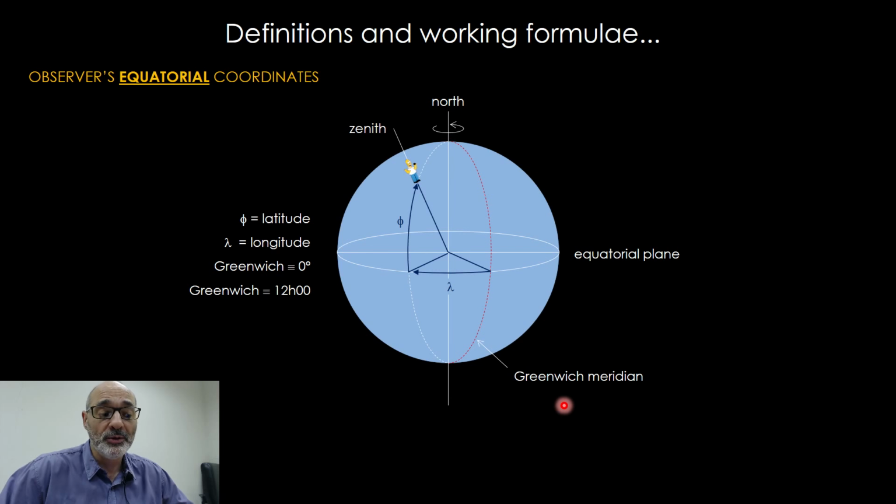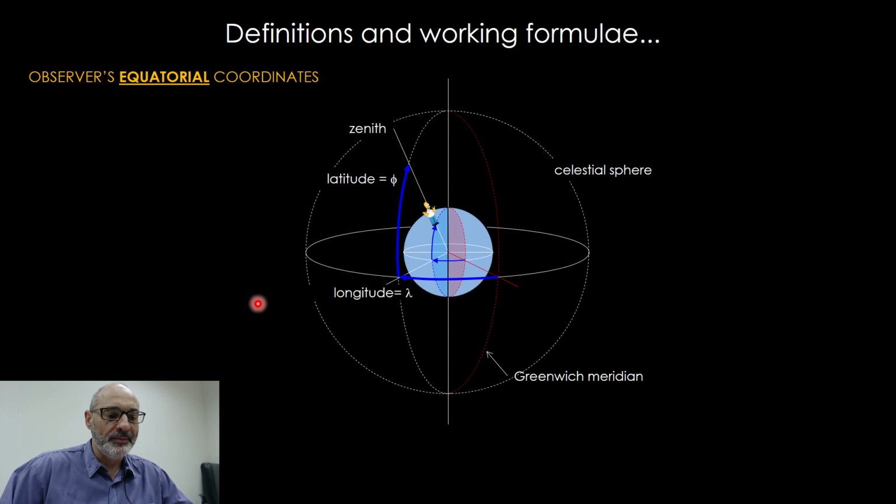They were the most developed in navigation skills, so they defined the Greenwich meridian to measure time, actually. Longitude lambda is related to time. Longitude is measured from the Greenwich meridian to the observer's meridian. It's lambda. Let's move on.